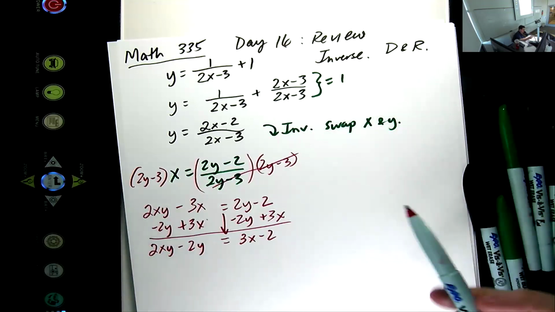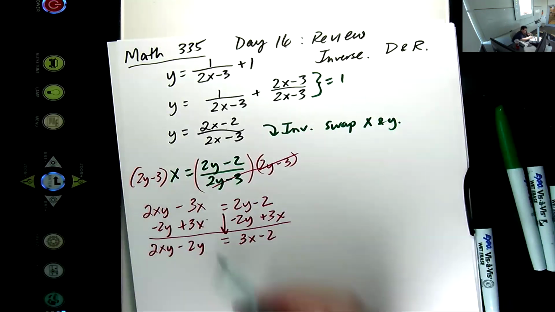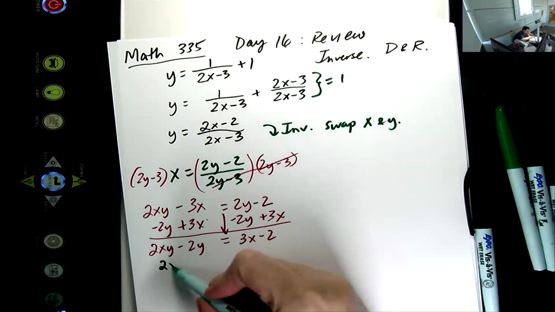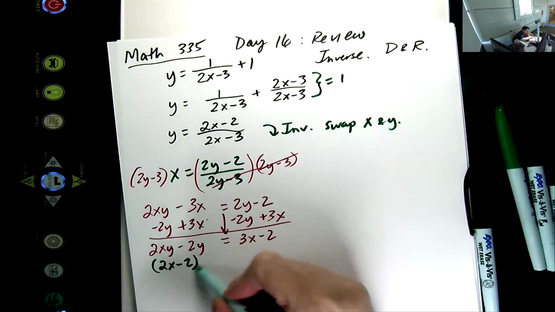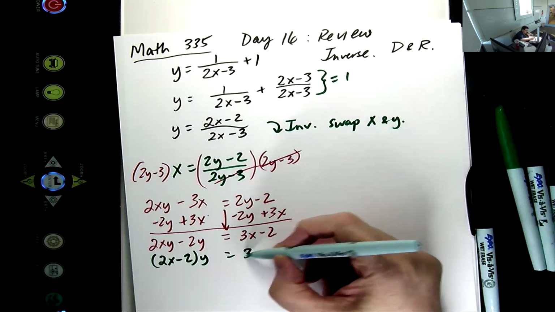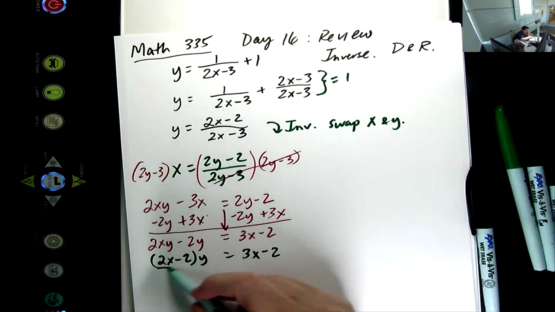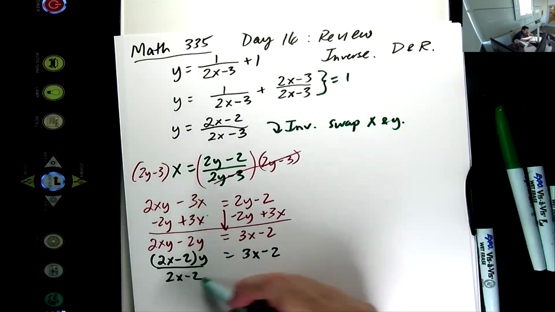And we want to remember our goal is isolate y. So here I can factor a y out. If I factor the y out, I have 2x minus 2 times y. And finally, we get y by itself by dividing by 2x minus 2.